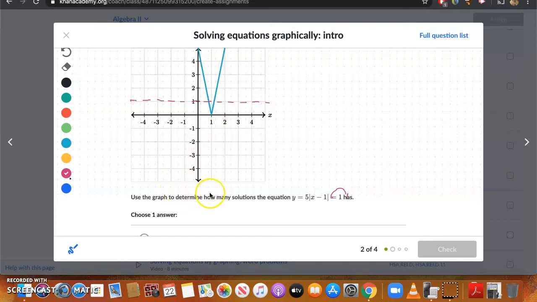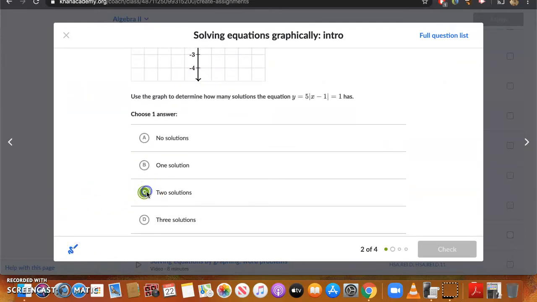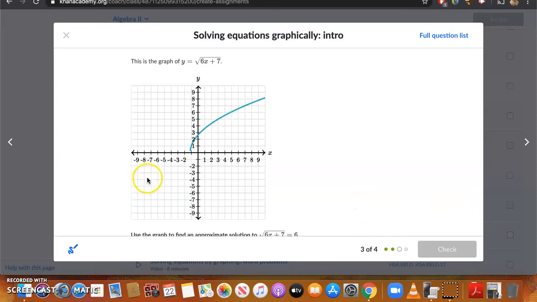And so they're asking how many solutions does this equation have when this function is equal to 1? So we can see that this function crosses y equals 1 at 2 points, right? So it looks like our answer here is going to be 2 solutions, correct? And that is correct. Okay, so let's go to the next one.